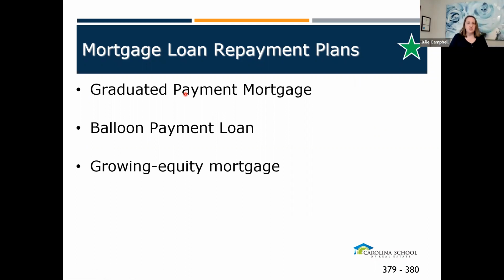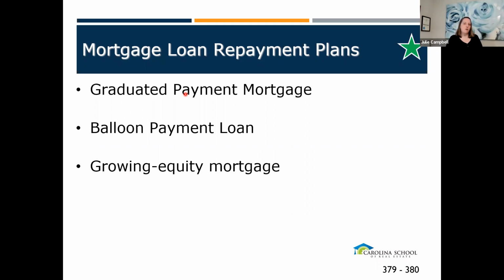But the expectation is that in time, you'll be making money and you can make higher payments. For graduated payment mortgages, think of like a startup business, for example. You're just getting started. You're not making any money yet, are you? So you need smaller payments, but as your business grows, your payments graduate.